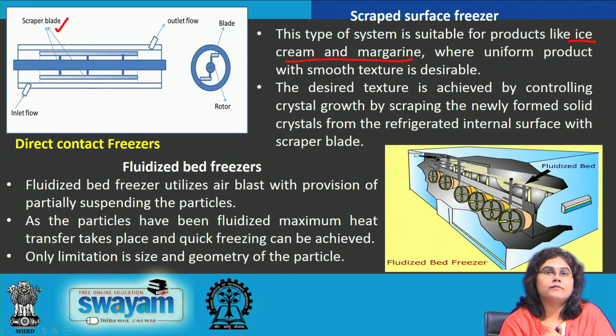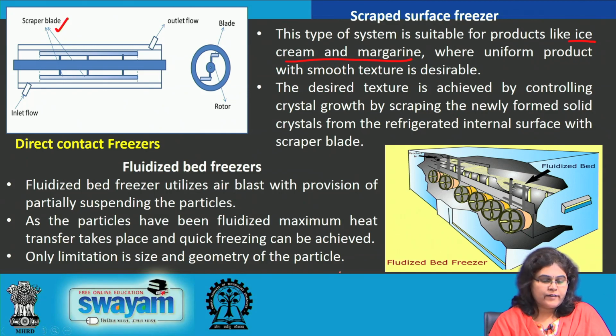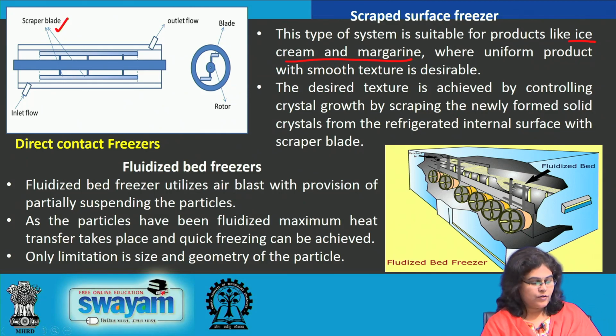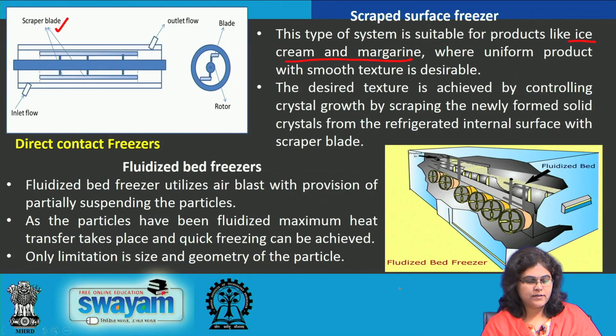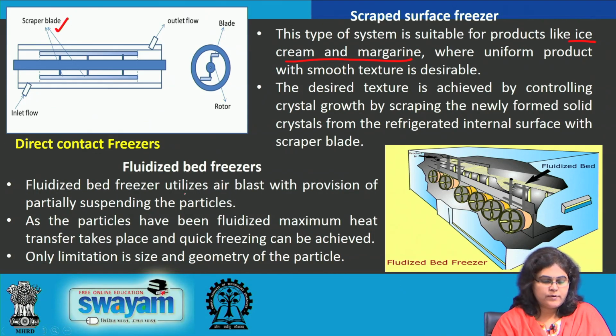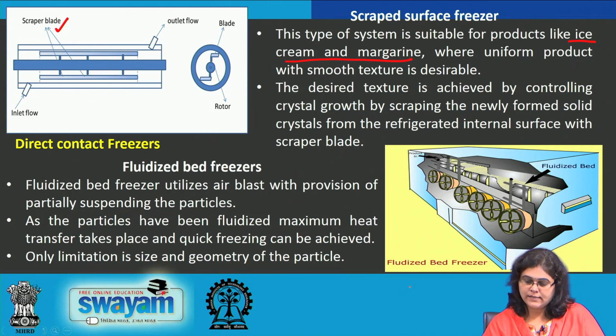Now, coming to the direct contact freezers, we have the fluidized bed air blast freezers. Fluidized bed freezers utilize an air blast with provision for partially suspending the particles. A photograph of a fluidized bed freezer is shown here.